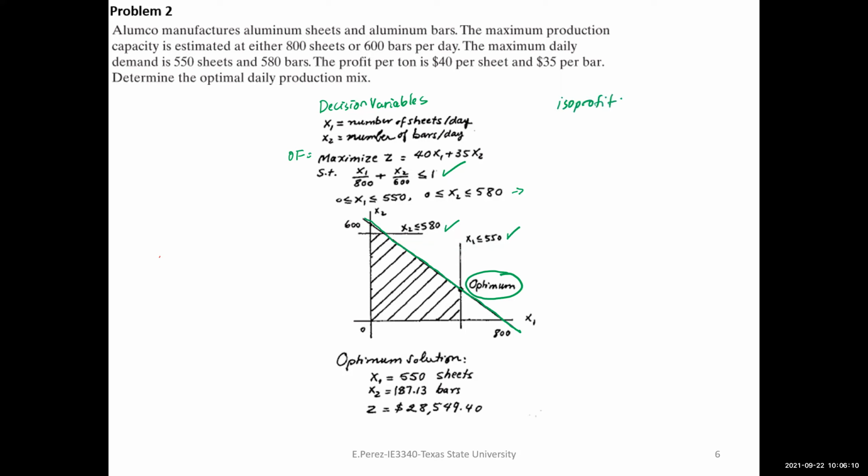So we have to go through the same process: z equals 40 x1 plus 35 x2. And we have to find a point inside this feasible region. So this will be 400. I'm sorry, no, this will be 550. So this is an estimate, 275.